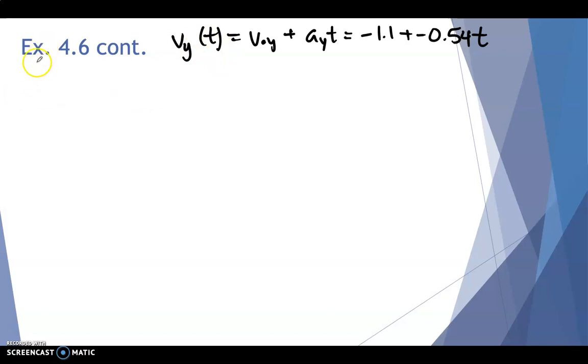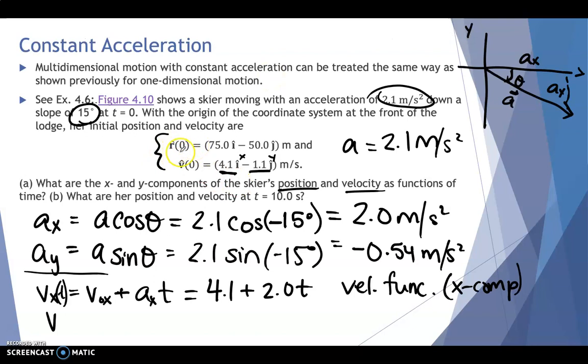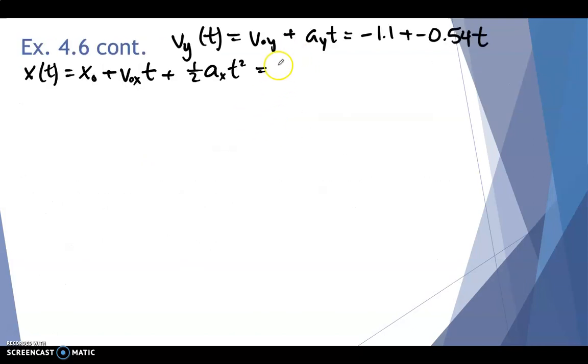Now we need to find our positions. So that's going to be x of t and y of t. So x of t, according to our textbook, is x naught plus v naught x times t plus 1/2 a sub x t squared. So we plug all of these values in. x naught is found here. That value is 75.